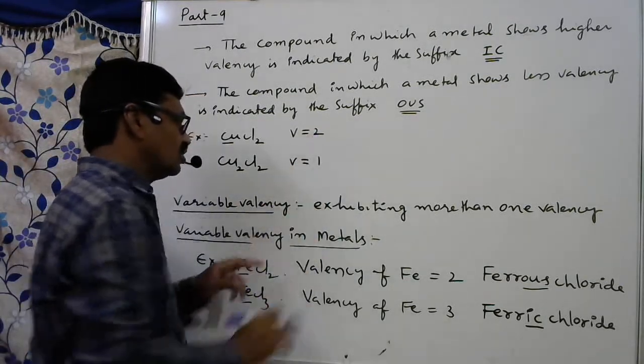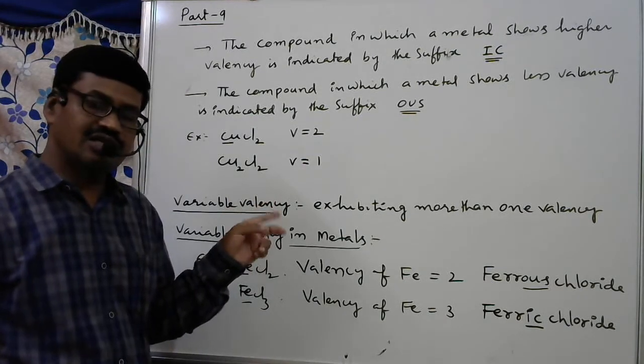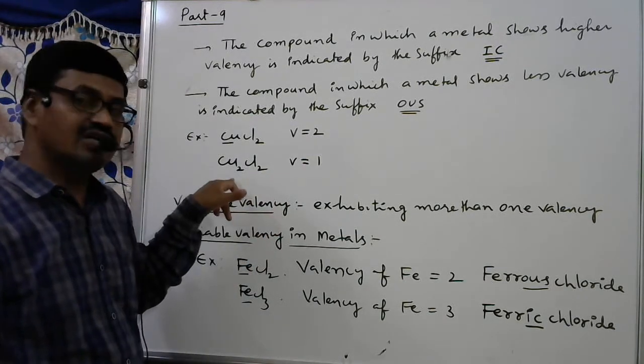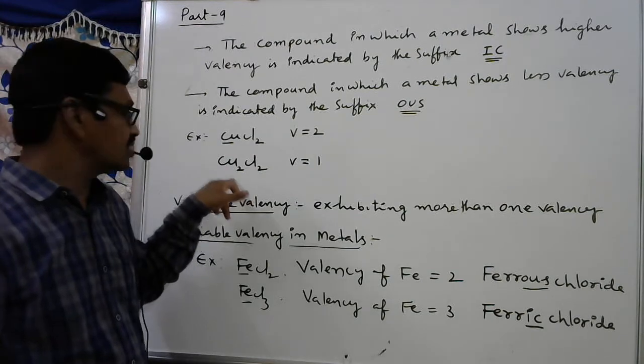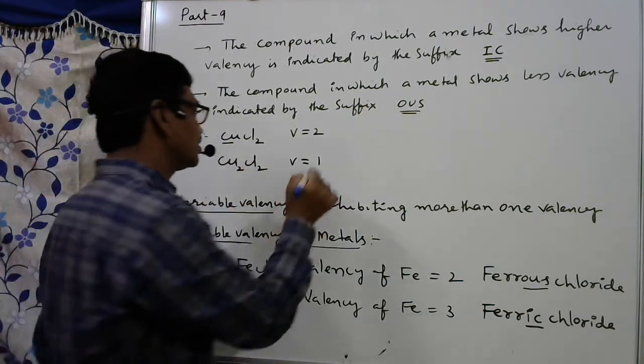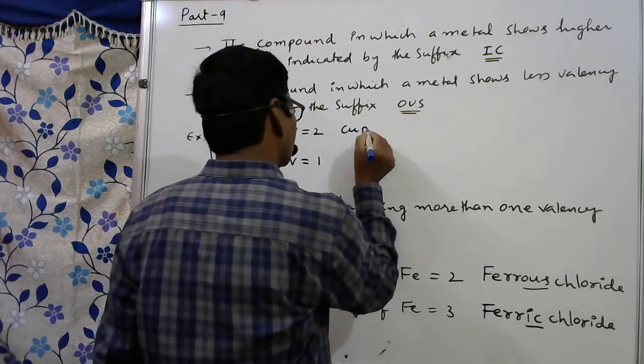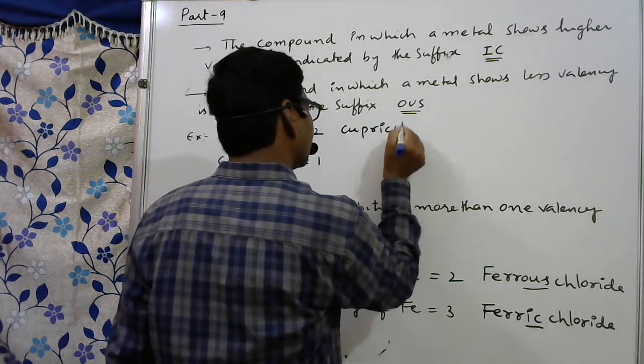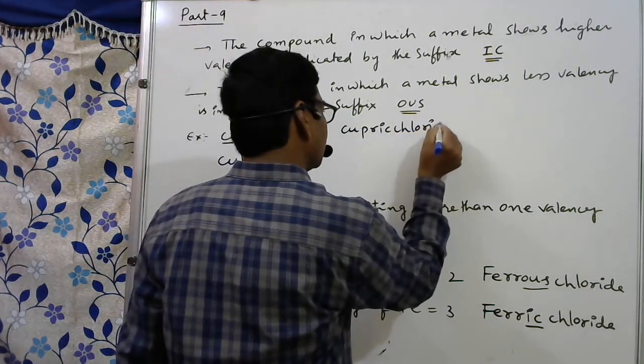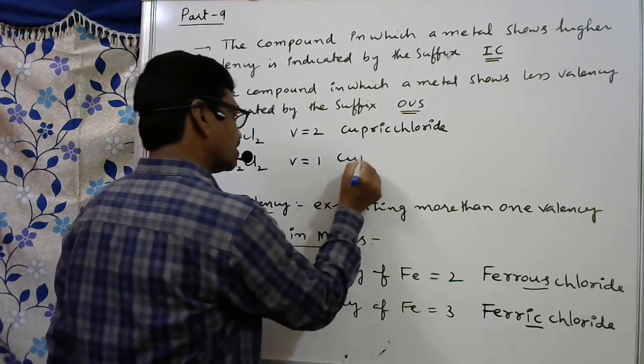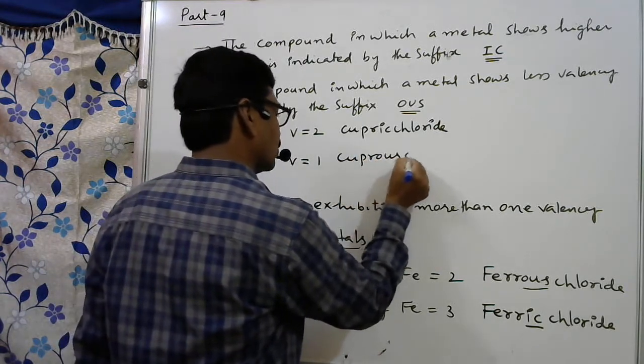Among these two, which has the lower valency? Here. So this is called cuprous, and this is called cupric. This is cupric chloride, and this is cuprous chloride.